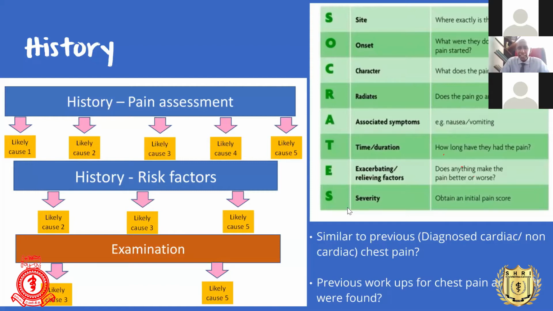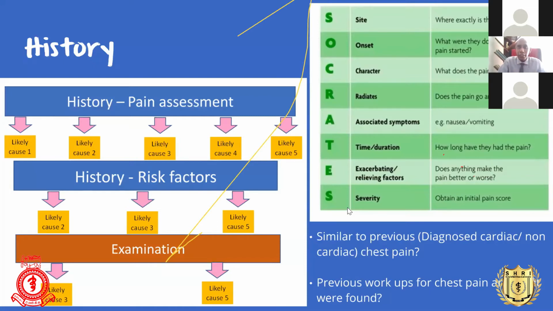And what is the character? Whether you feel like an elephant sitting on your chest or whether it is something very sharp. And where does it radiate? What are the associations? Whether it is nausea, vomiting, diaphoresis. And how this pain has evolved over time. How long this initial chest pain lasted.